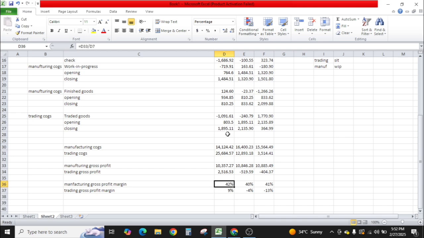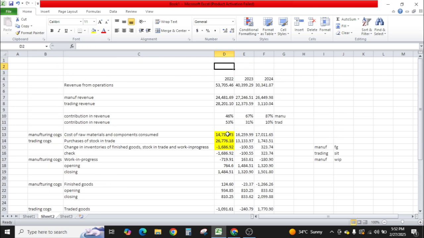If you see, the manufacturing gross profit margin is more as compared to trading gross profit margin. And if the company is shifting, as we can see in Vidhi Specialty example, the manufacturing revenue earlier used to contribute 46% in FY22, but now it is contributing 87%. Whereas trading is becoming less and less, so the gross profit margin for the company will increase. Therefore, overall PAT margin can also increase.